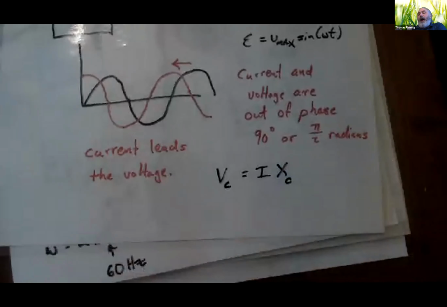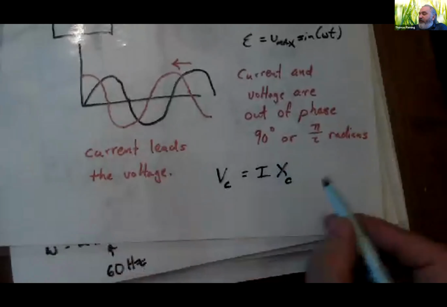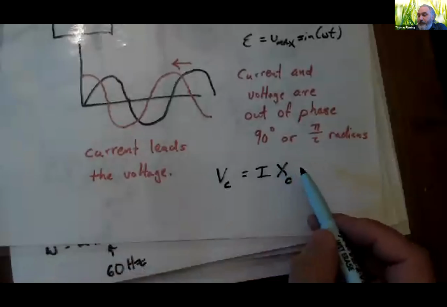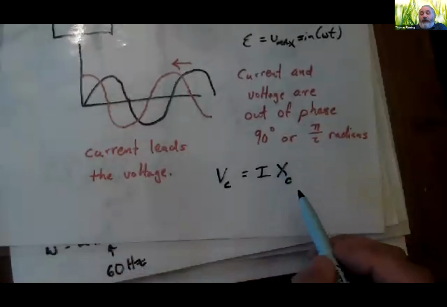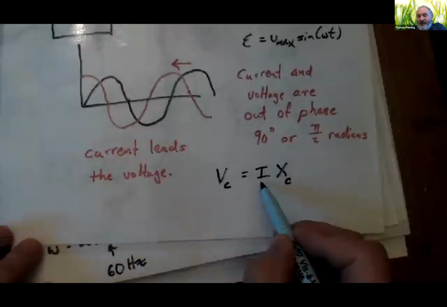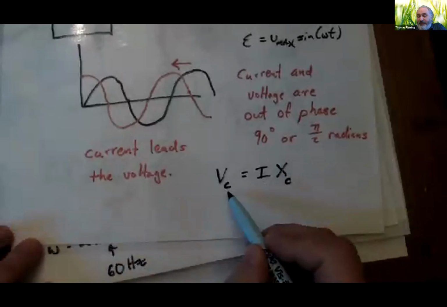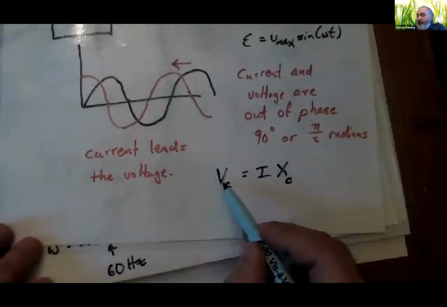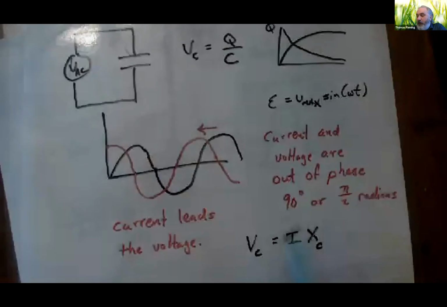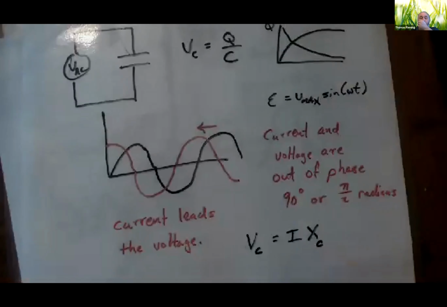So we're going to hypothesize that there exists some quantity that is like resistance. It's going to have the same units as resistance, and it's going to relate how much current I get to how much voltage I've got. The idea is if I have a bigger battery, I'll get more current going through this circuit, and if I have a smaller battery, I'll have less current, just like you would with a resistor. We're going to imagine that this is a thing that we could come up with.